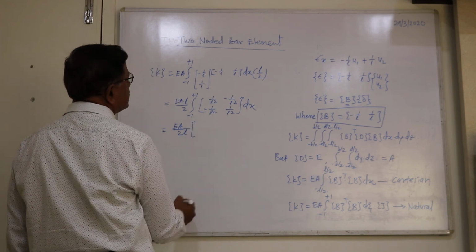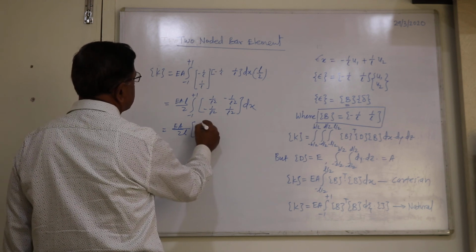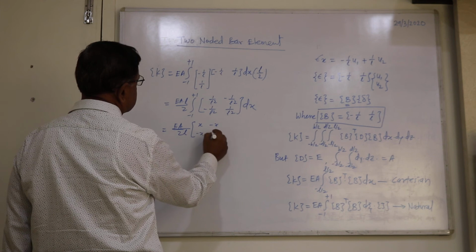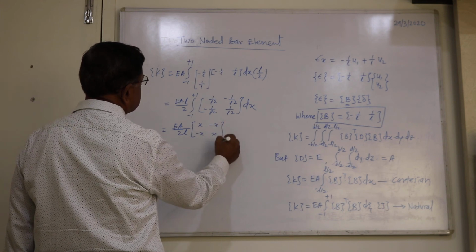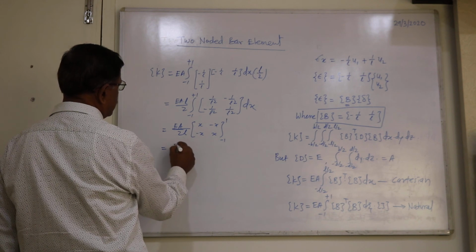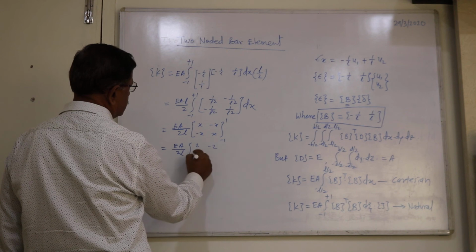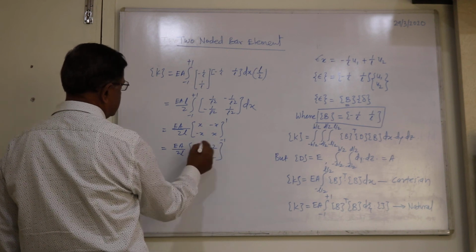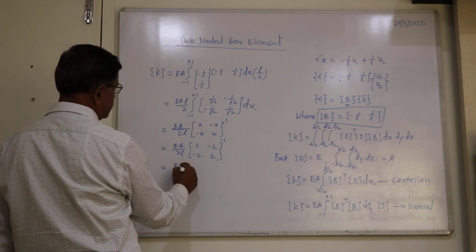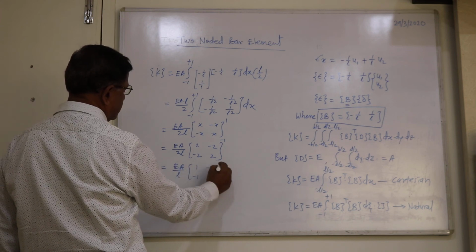The integration gives xi, minus xi, minus xi, xi from -1 to +1, upper limit minus lower limit, so this is 2, minus 2, minus 2 and 2. So this 2 gets cancelled, and we get EA by L times 1 minus 1, minus 1, 1.